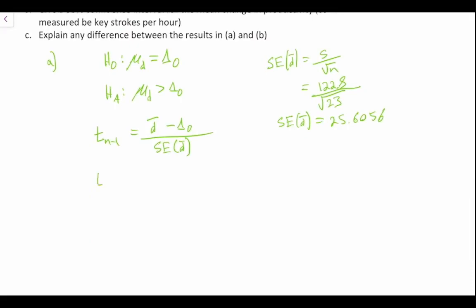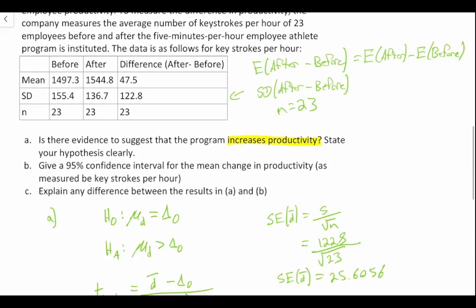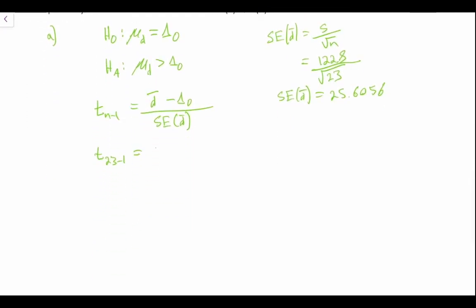So that means that t at 23 minus 1 degrees of freedom is equal to our mean difference, which is 47.5, so 47.5 minus 0 divided by 25.6056.